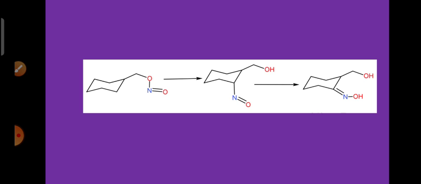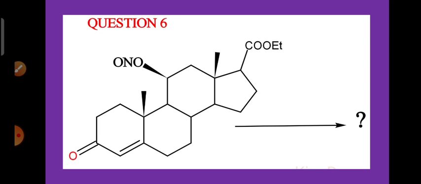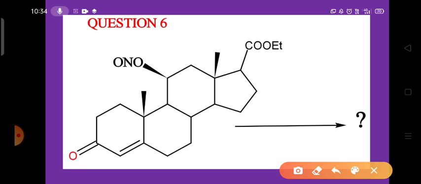Alpha, beta, gamma. So this is the wrong one. Okay, sorry. Next, we go for the next two questions. Look here. In this compound also, we have two methyl groups at the delta position.